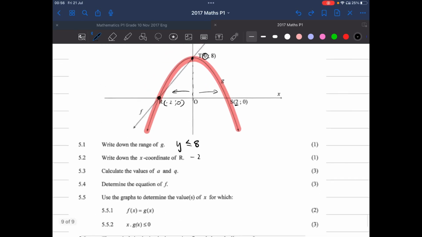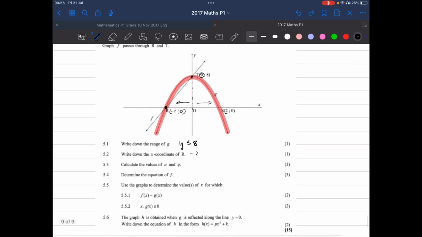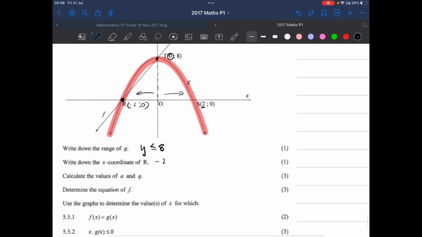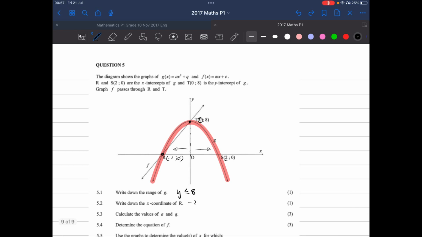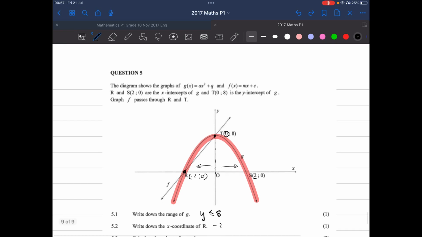Calculate the values of a and q. So a and q are here in the parabola. Now how are we going to do that? Well, let's first ask ourselves, what are a and q? The value of a, which is the coefficient of x squared, essentially deals with the shape of the parabola. If a is positive, then we'll have a smiling parabola.